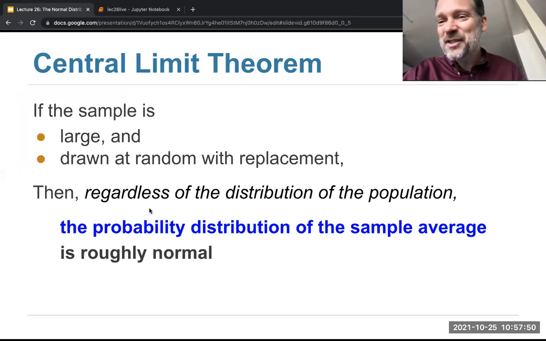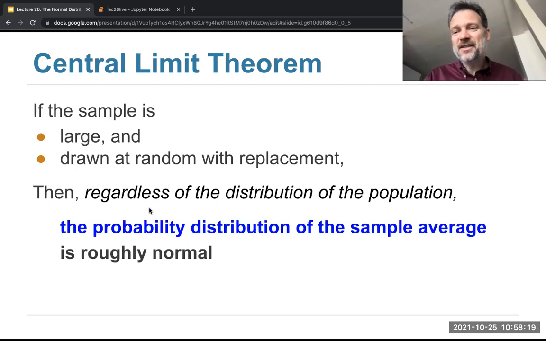A normal distribution is specified by its mean and by its SD. What's the mean of this distribution of sample means? Where is it centered? We saw in this example, the center was about at the population mean. And what is the SD?